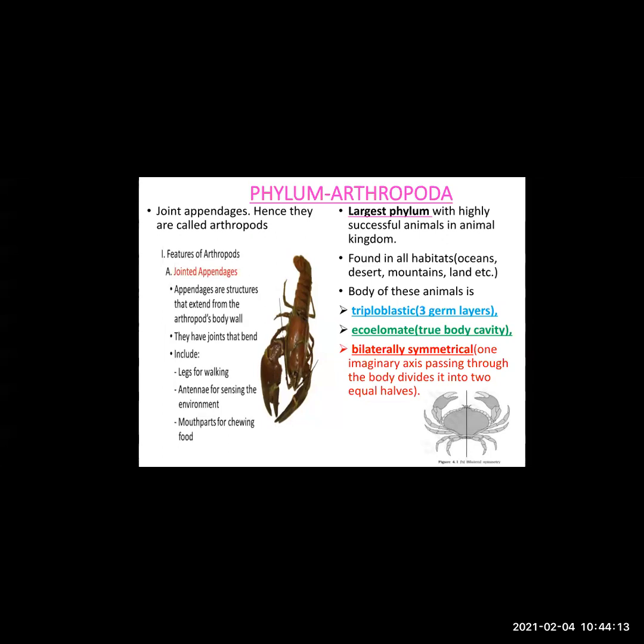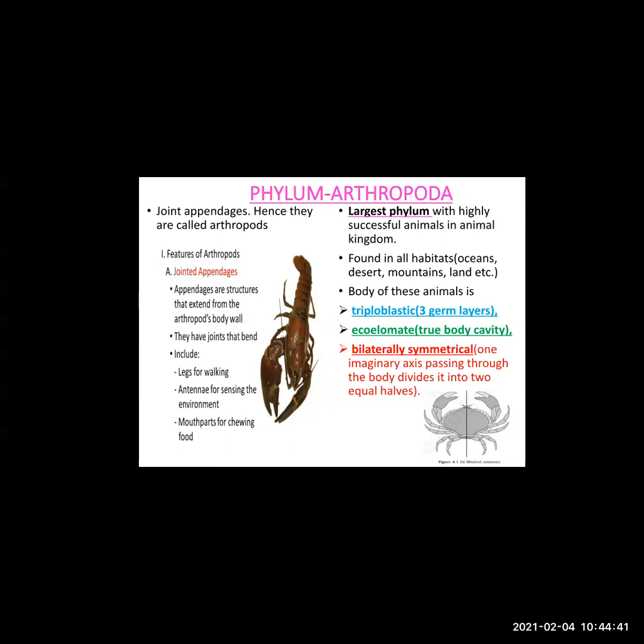Once again, what is bilateral symmetry? An imaginary axis passing through the body divides it into two equal, identical halves. The left side and the right side of the body are identical. So very important characteristics: the body is triploblastic, it is coelomate, and it is bilaterally symmetrical.